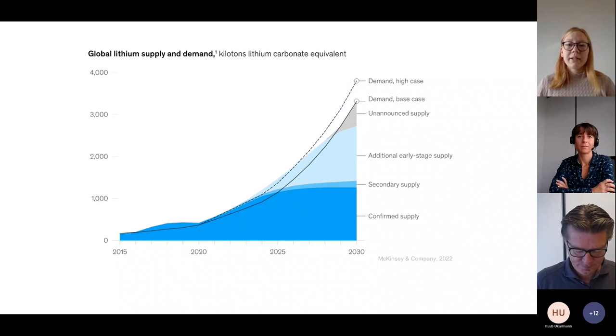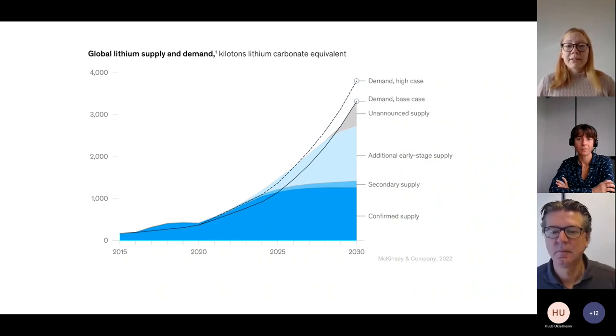And here you can see the black line, the dotted one and the normal line, showing the demand of lithium from now to the future, towards 2030. And we have the different blue shaded areas that show the supply.